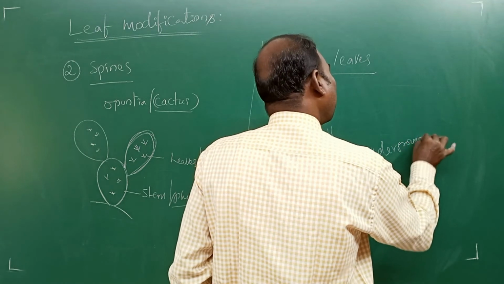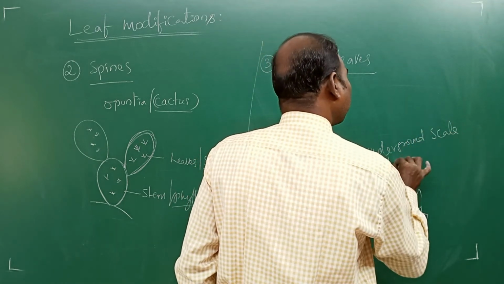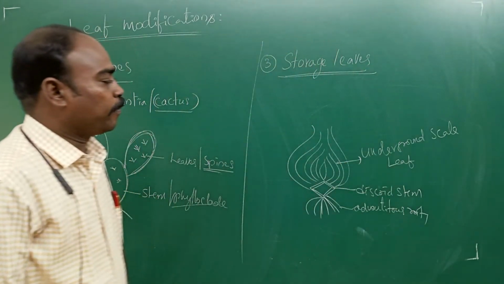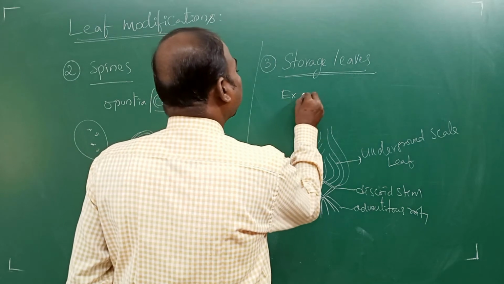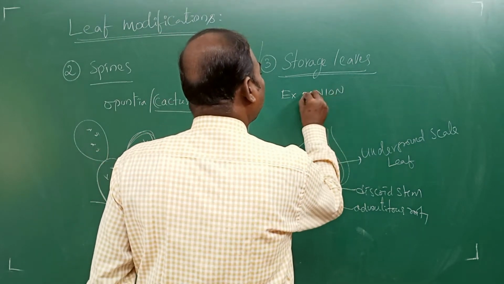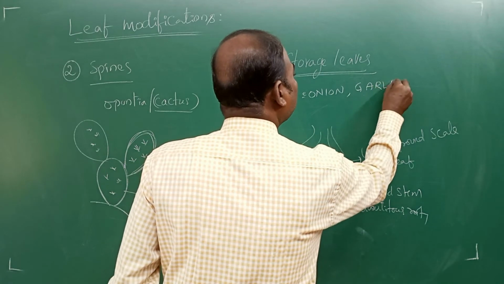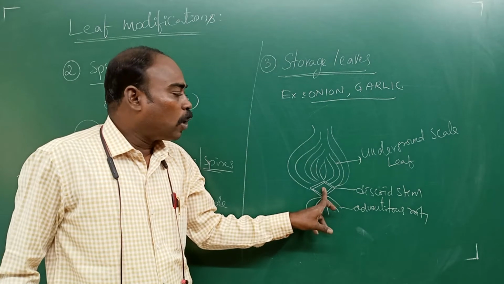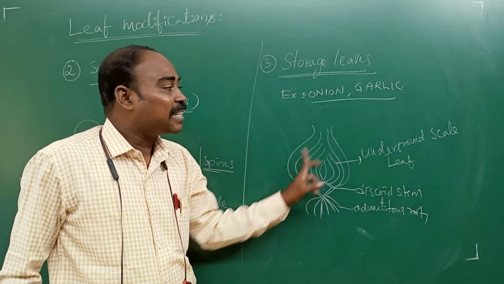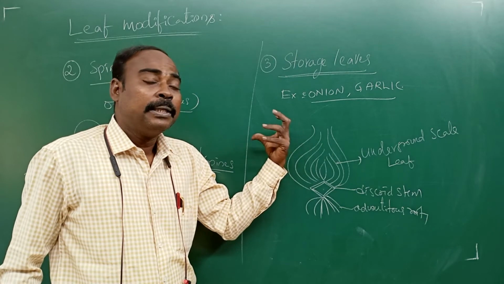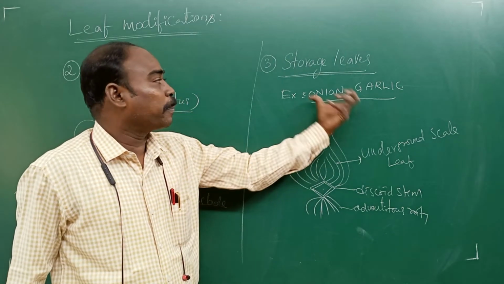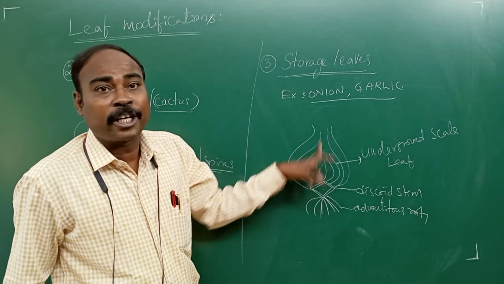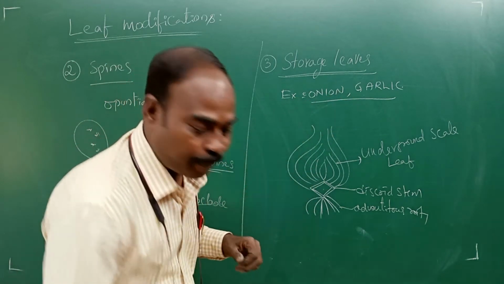Example, onions and garlic. Here in garlic and onions, the stem is discoid, and the leaf bases, the underground scaly leaves, store food material. Hence the leaves are modified to perform the food storage function in onion and garlic.